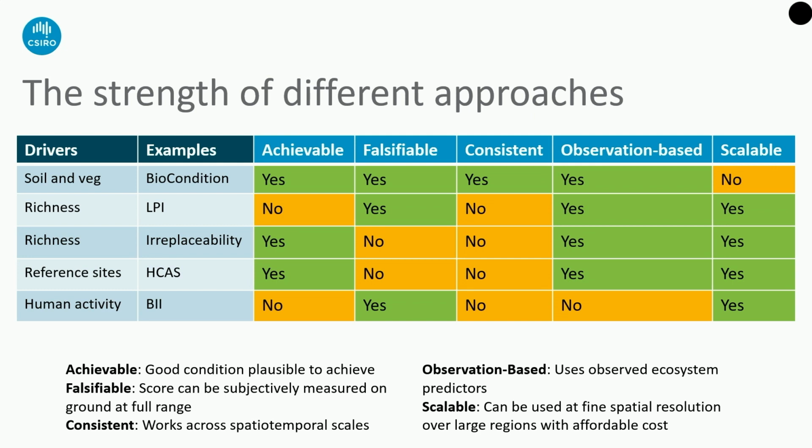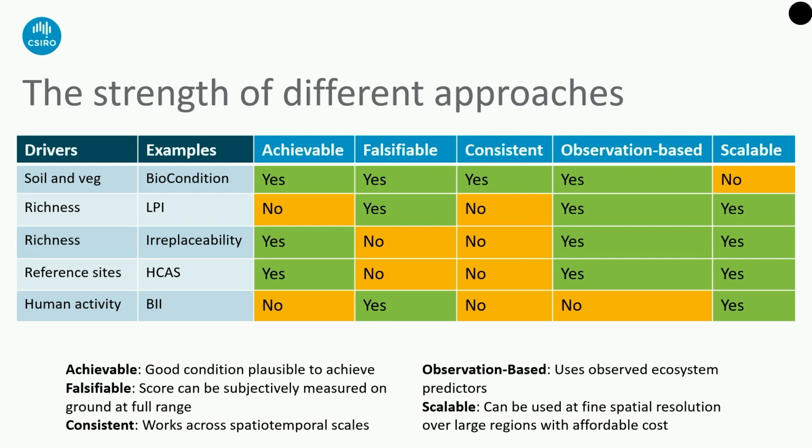And the fourth is whether the predicted score is based on actual observation of the ecosystem rather than indirect factors. And then the last one is whether this approach will work on large and small scales and with reasonable cost.